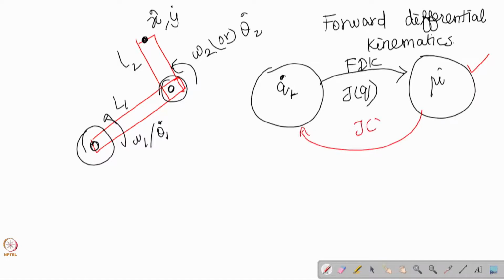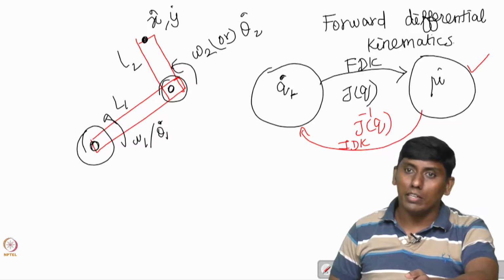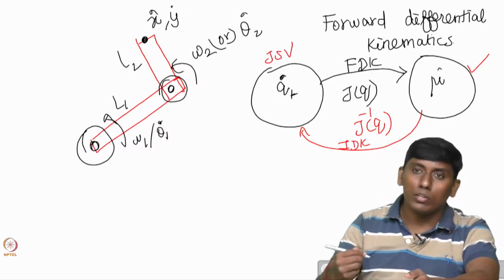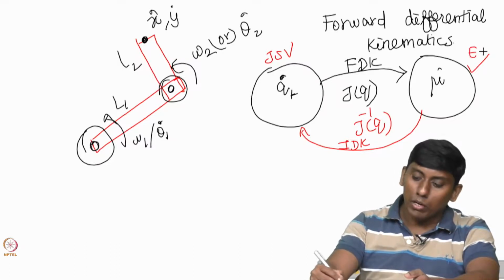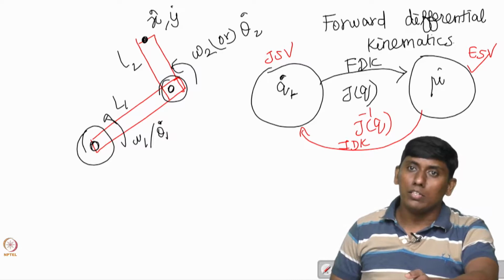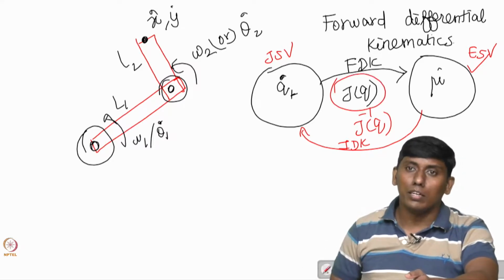So then what you do is use the J inverse of q. This is what you call inverse differential kinematics. Okay, so now I hope you got the idea. It is very straightforward, as what we have seen with forward kinematics and inverse kinematics. Here this is the joint space velocity, and this is the end effector, or you can say task space velocity, right? You are mapping two velocity spaces, and the mapping matrix here is the Jacobian matrix.